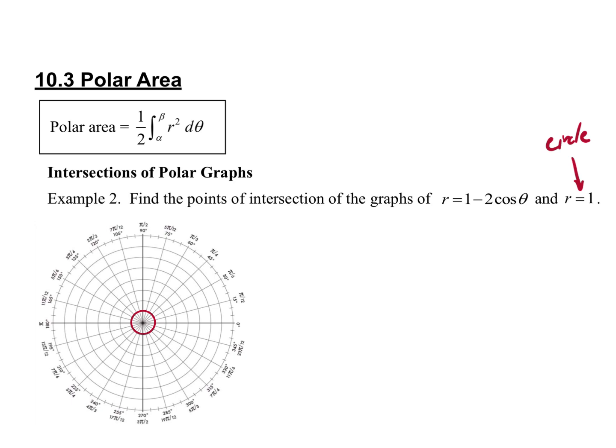So I'm going to start with 0 again for theta, and since cosine of 0 is 1, I have 1 minus 2. So r is -1 when theta is 0, for this limaçon. That's the first easy one that we can come up with, and then I went ahead and graphed it.